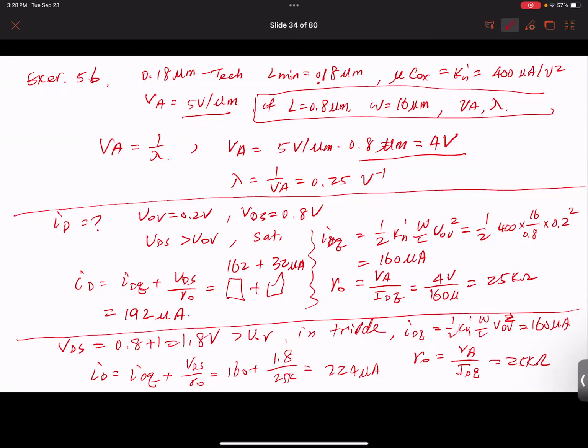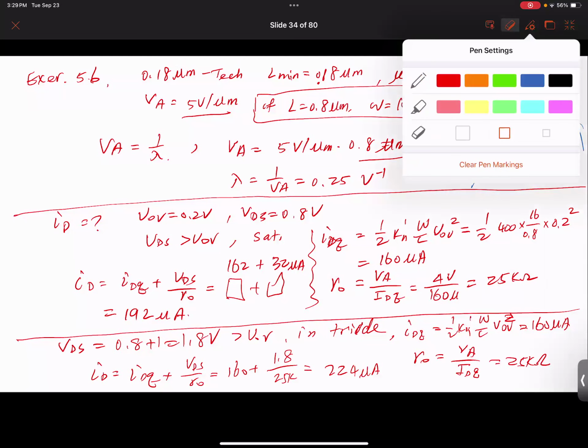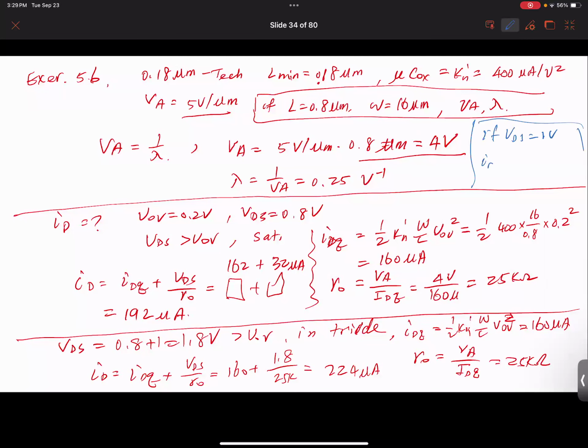So let me do a quick calculation here. If VDS is equal to 1 volt, then ID will be 160 plus 1 divided by 25. So that's 200 microamps with 25K.